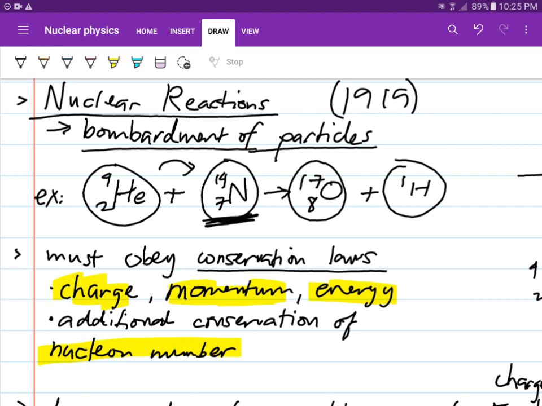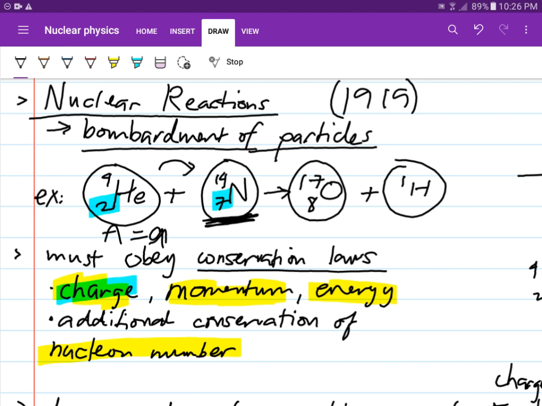As an example here, conservation of charge in this reaction is seen by the atomic number. The alpha particle has a positive 2 charge and nitrogen has 7, so before the reaction the total atomic number is 9, which means 9 protons.